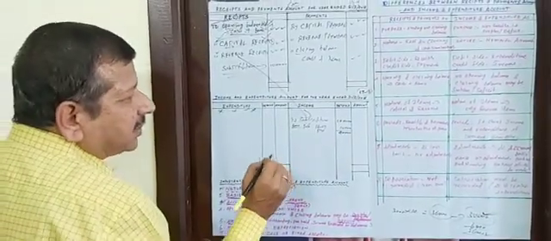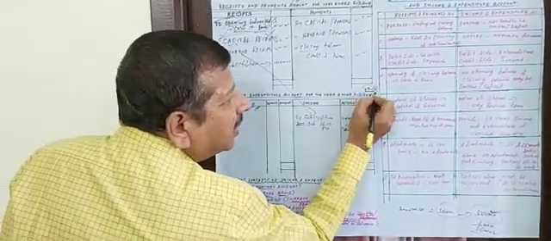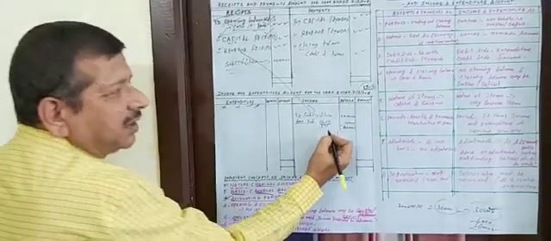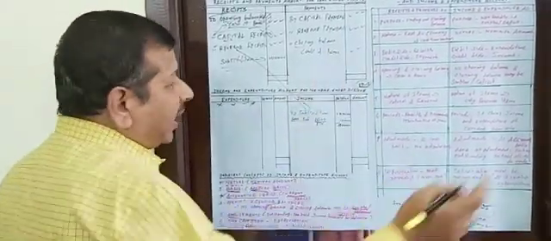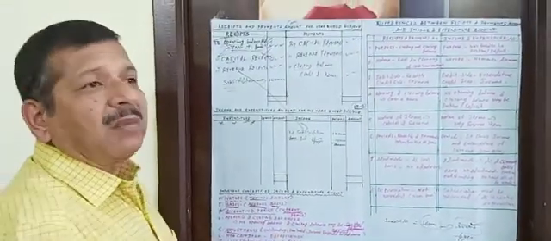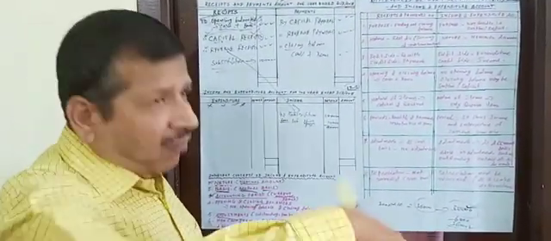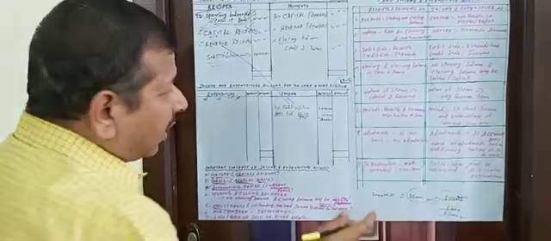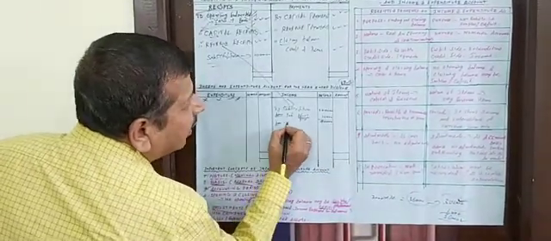And next, the current year is 17, 18, the previous year is 16, 17, so next year is 18, 19. Sometimes members may be over smart. Some members will be giving the subscription in advance. If they have given in advance, you have to subtract that also.